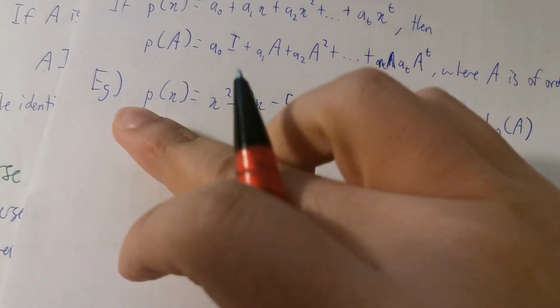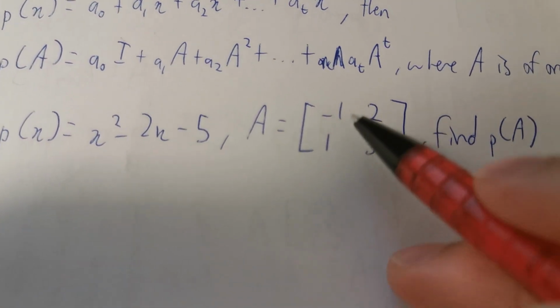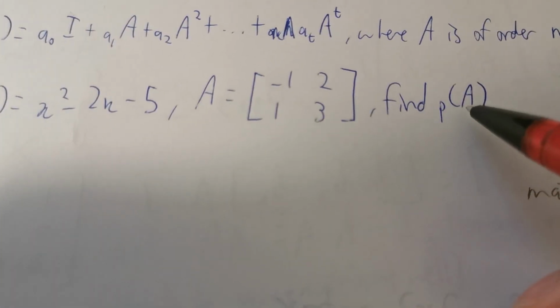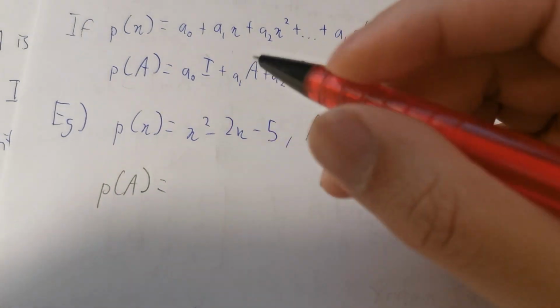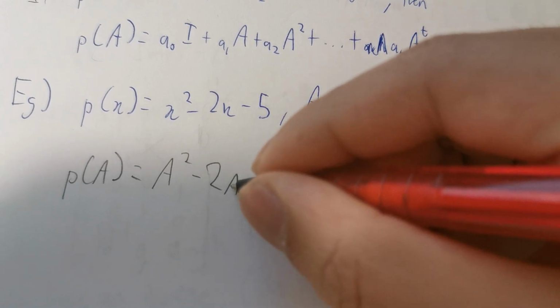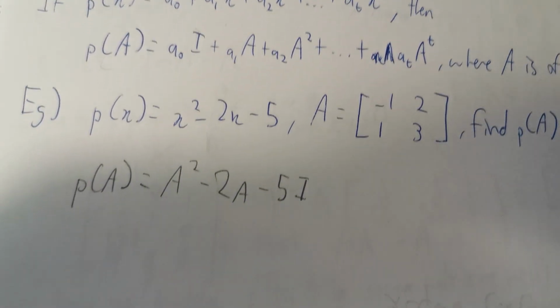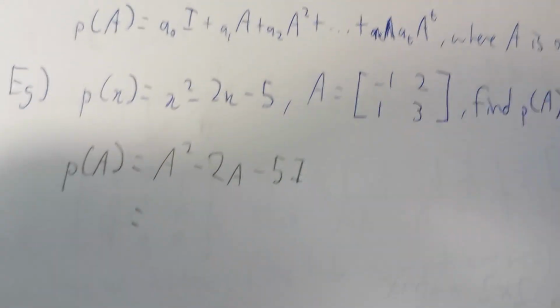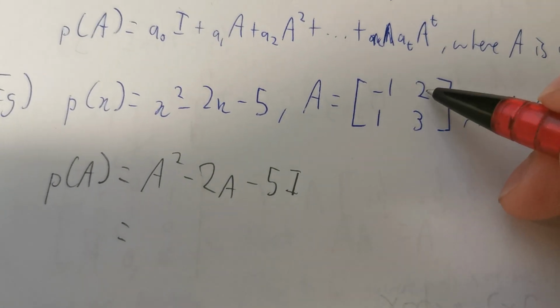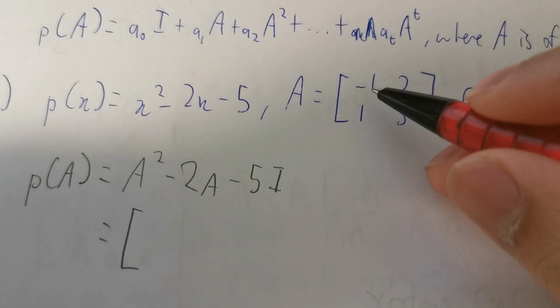So let's work through this. Let's say p(x) is x squared minus 2x minus 5, and A is [-1, 2; 1, 3]. Find p(A). Starting that off is very simple. You have x, so that's just A squared minus 2A minus 5I. Let's open that up. A squared is just A times A. I'm just going to speed up the process by doing it in my mind.